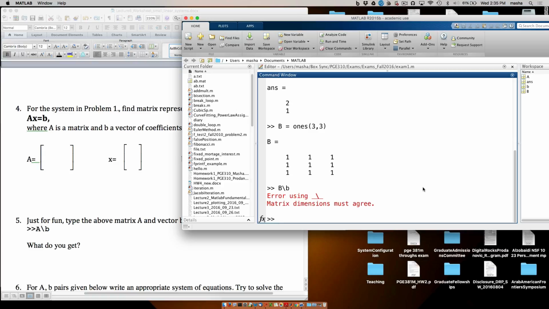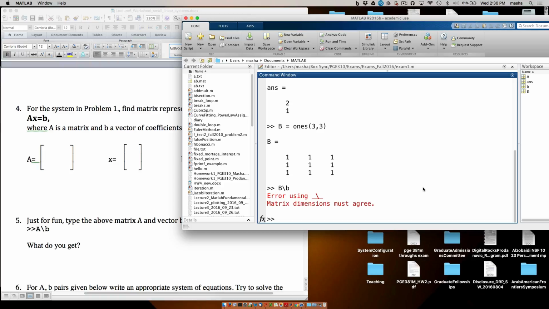Because I can't have a 3 by 3 matrix of coefficients and a 2 by 1 matrix on the right hand side. I don't have an X so that AX is equal to B, so it's going to tell me matrix dimensions must agree. This backslash operator in programming is called overloading.